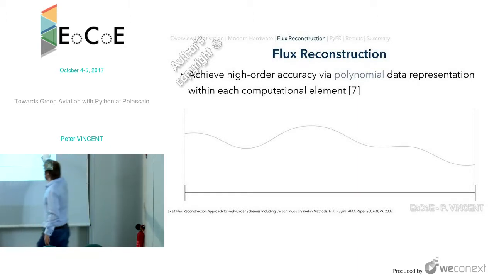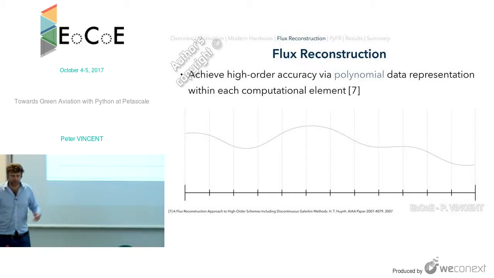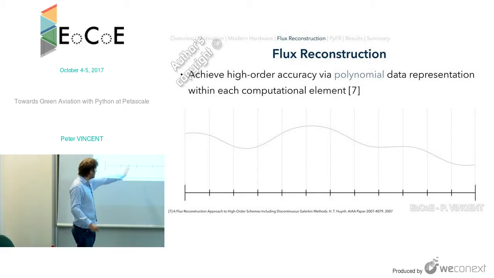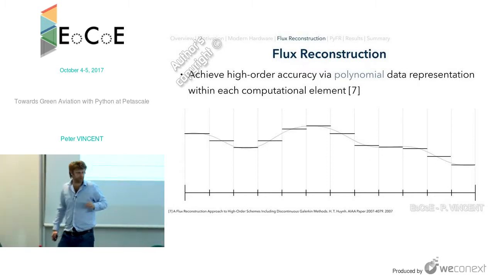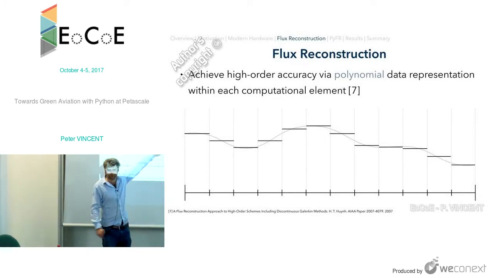So if this grey line is some schematic illustration in 1D of the flow solution, a traditional low order finite volume solver, which is the sort of bread and butter of industry tools, would chop up this domain into separate little finite volumes and represent the solution within each finite volume with a piecewise constant approximation of the data, which gives you some reasonable approximation of the underlying grey function.